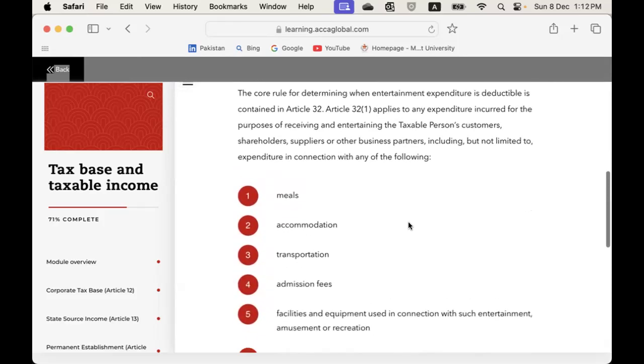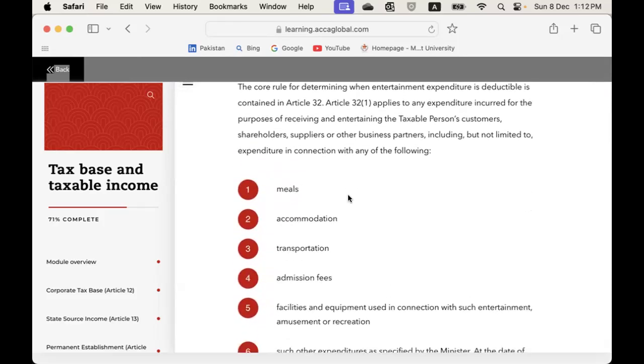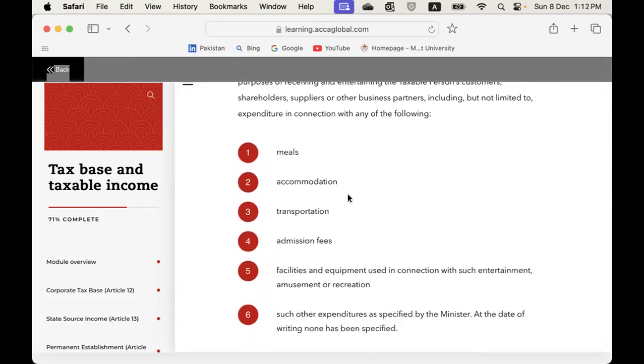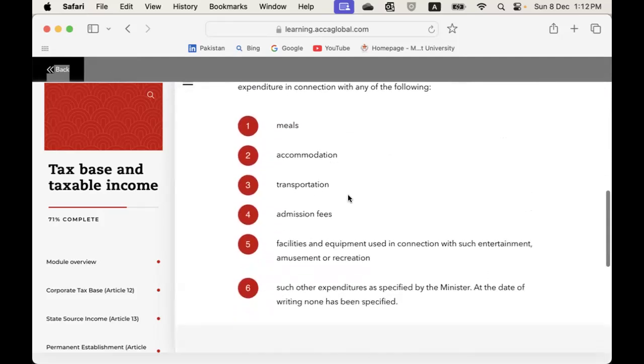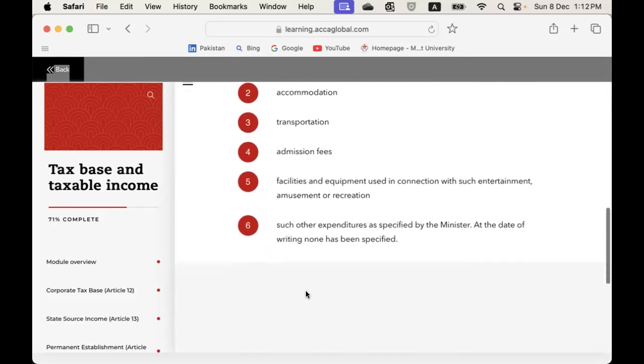The examples have been provided. These are not exhaustive, but these are the key examples of entertainment: meals, accommodation, transportation, admission fees, facilities and equipment used in connection with entertainment events, and other expenditure.